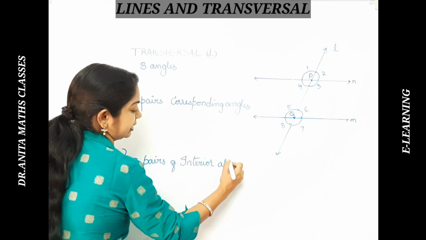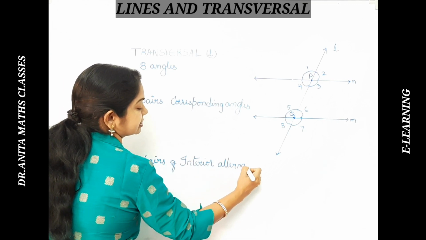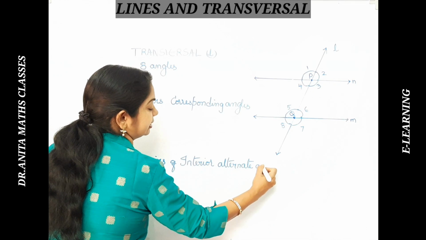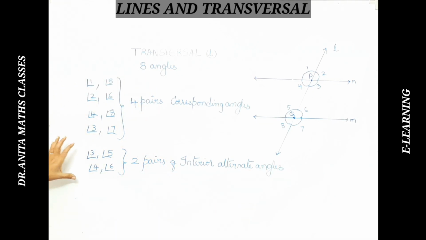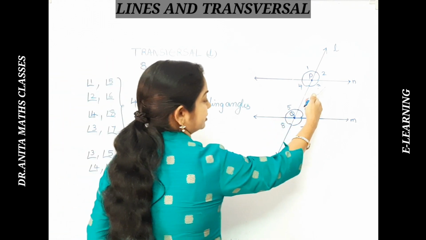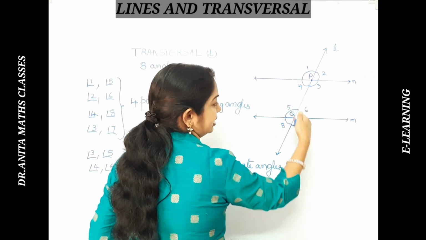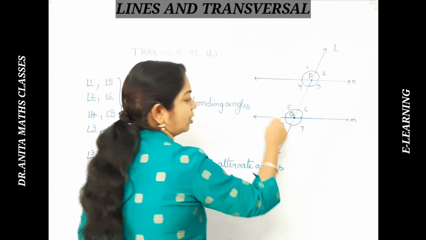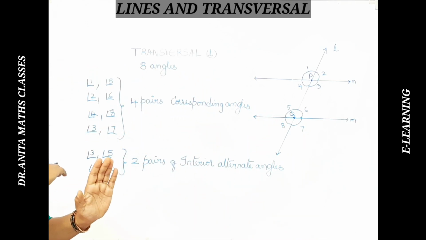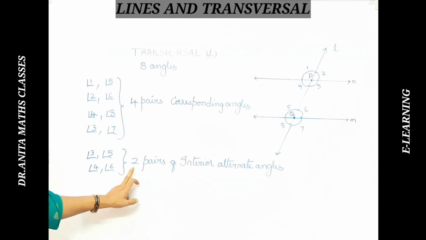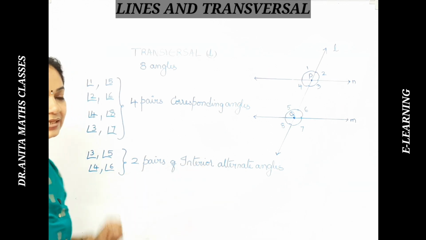They are called interior alternate angles. They are inside as well as alternate, on the other side and this side. So there are 2 pairs of interior alternate angles.